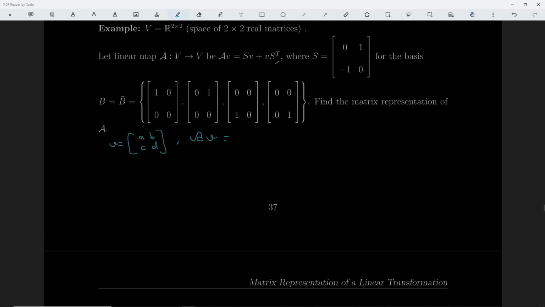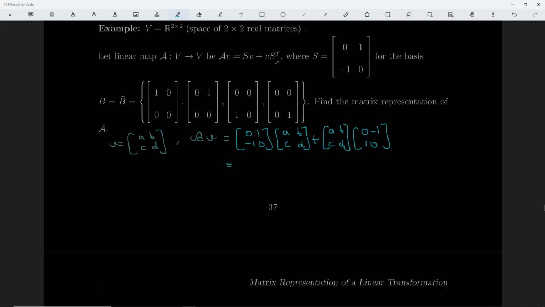Okay. So it says that A of V is S times V, which is 0, 1, minus 1, 0 times A, B, C, D, plus V itself, A, B, C, D, times S transpose, right? So it is 0, minus 1, 1, 0 over here.